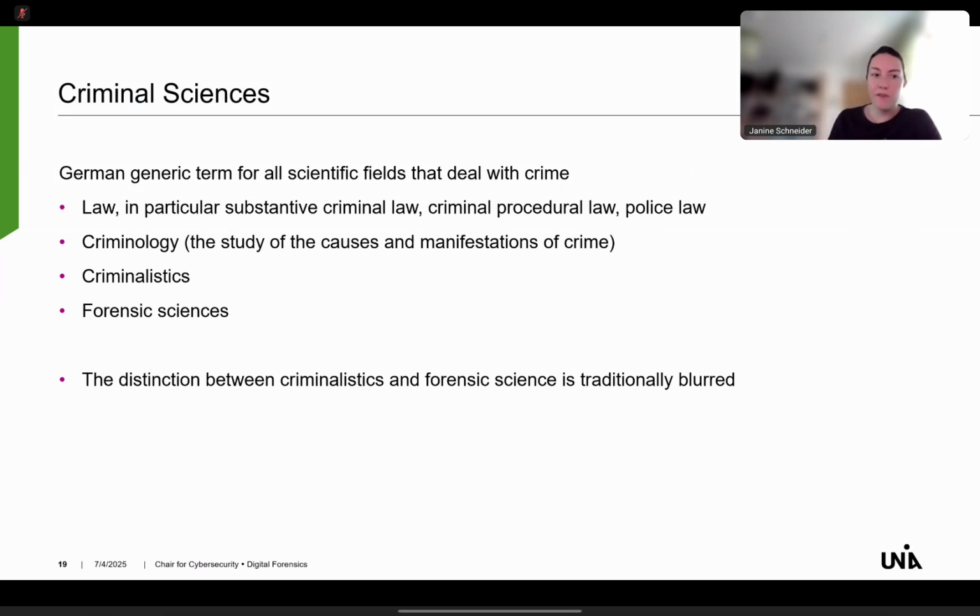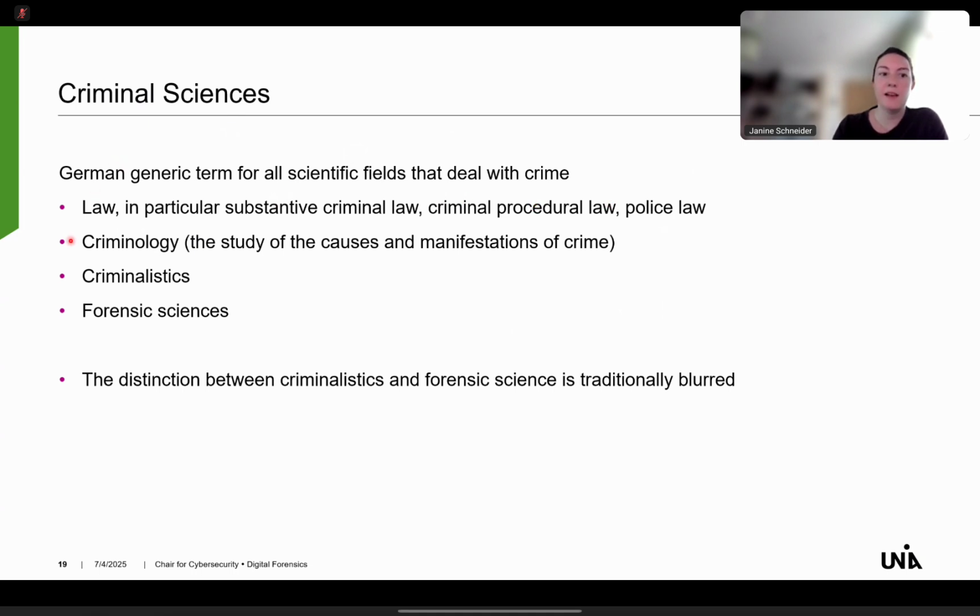So let us talk very quickly about criminal sciences. In the German language, criminal sciences is a generic term for many scientific fields that deal with crime.